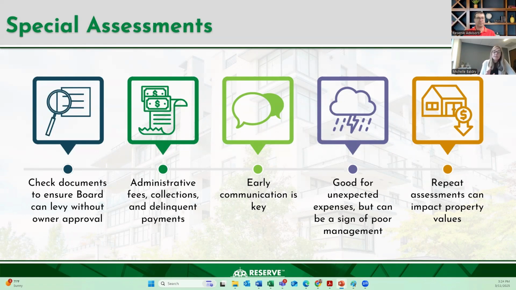Know that there will be some administrative fees, some collection issues, and delinquent payments associated with those special assessments. That's just natural. Early communication is key. It's really important to make sure that you are communicating all these things in a timely manner to homeowners to ensure that they have time to financially prepare and mentally prepare, right, for the special assessment that's about to occur.